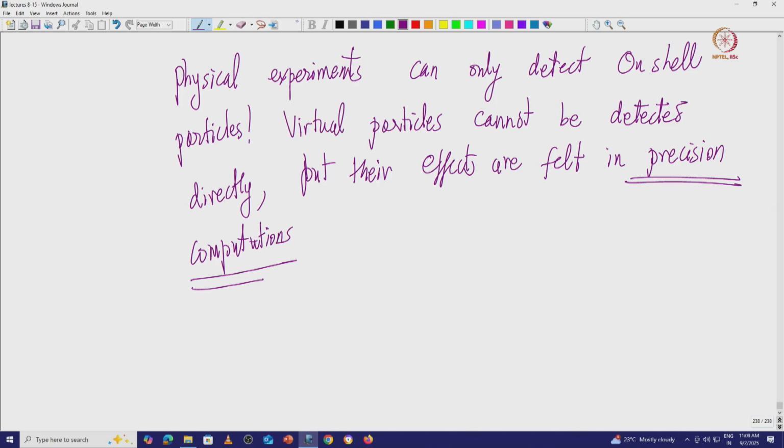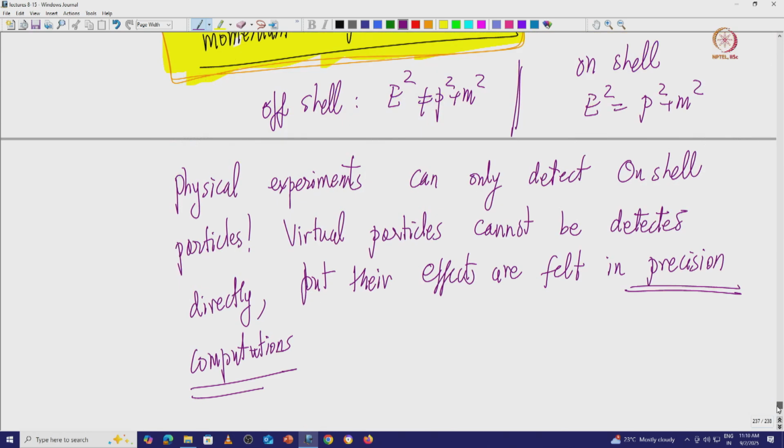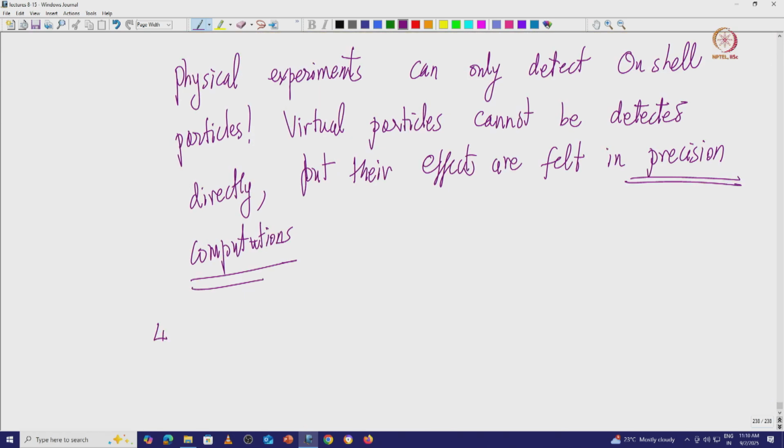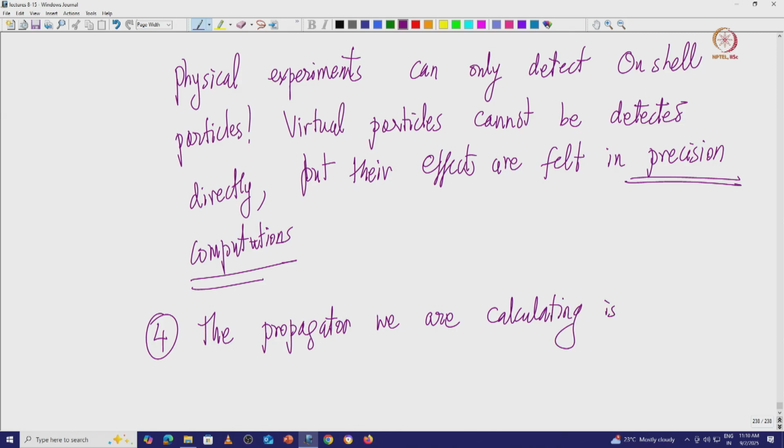Now here, before going into the next point, I need to mention one more thing: the propagator we are calculating is again in the absence of interactions.